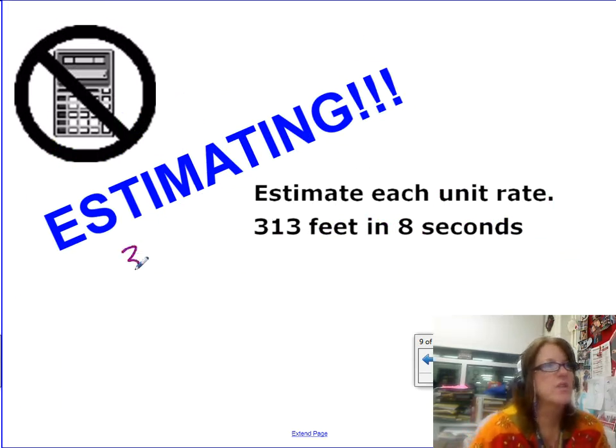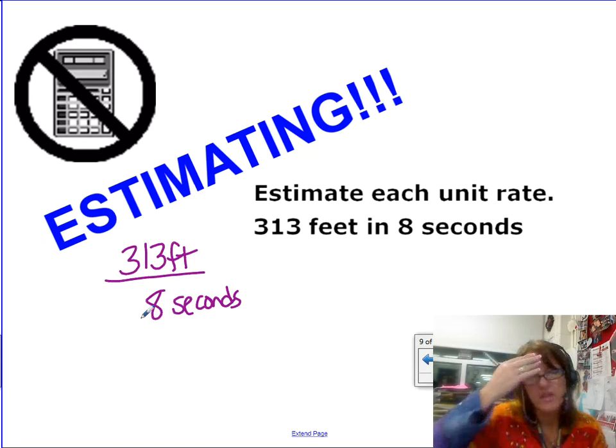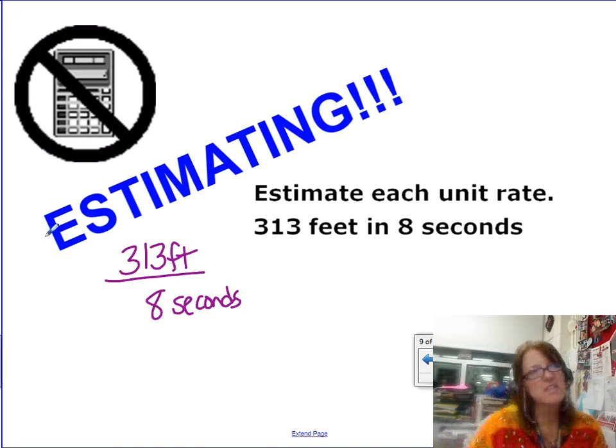How about this one? Estimate. So don't you dare grab your calculator. 313 feet, 8 seconds. Now, in this case, when I'm thinking 8 and I'm thinking multiples of 8, I know 32 is a multiple of 8. I'm going to do something a little weird here.